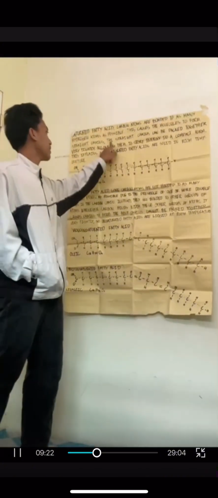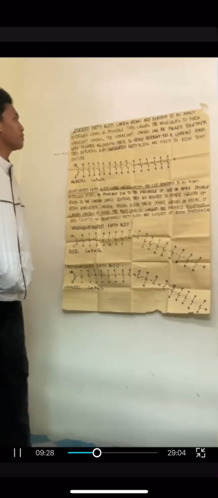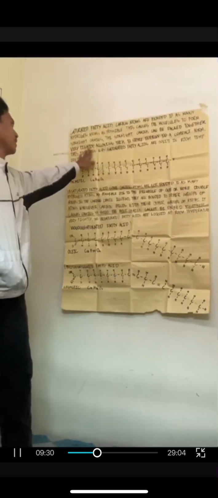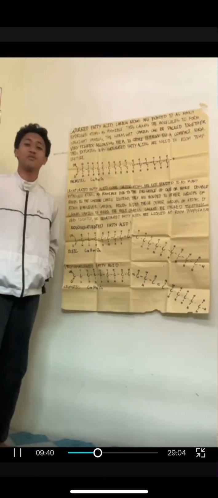So that makes the saturated fatty acids form straight chains that can be packed together very tightly, allowing them to store energy in a compact form. So this explains why saturated fatty acids are solid at room temperature.